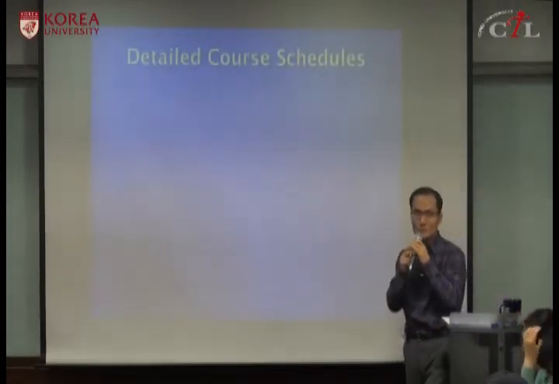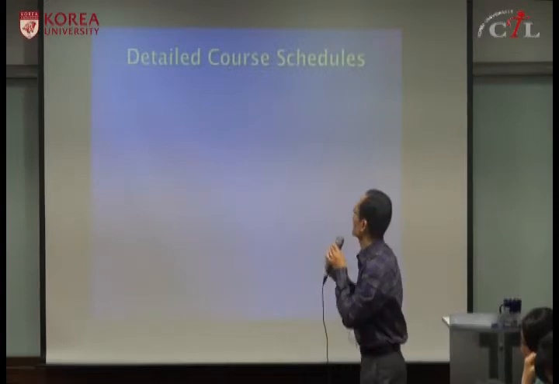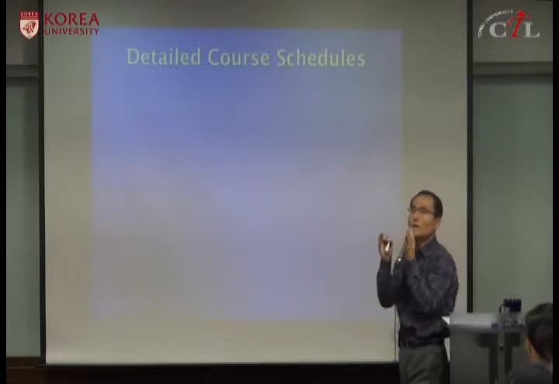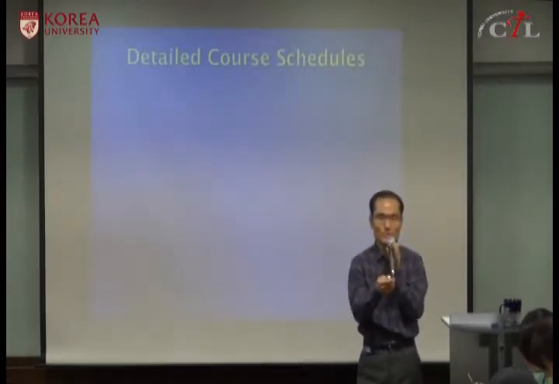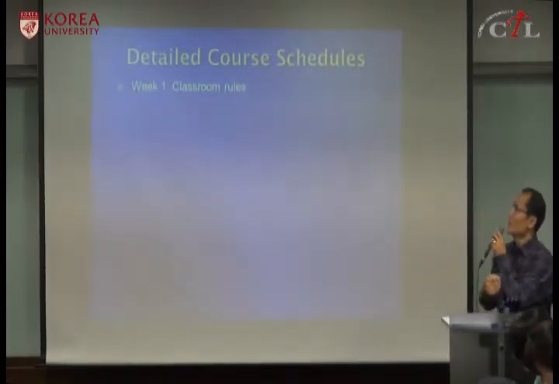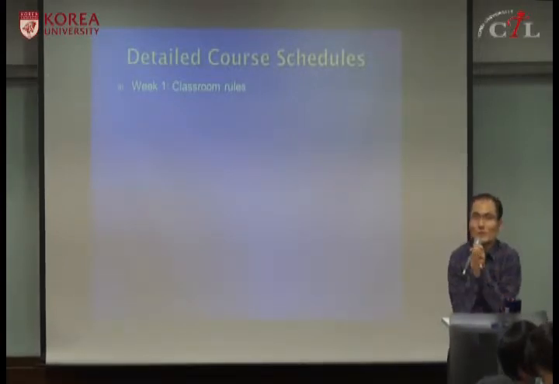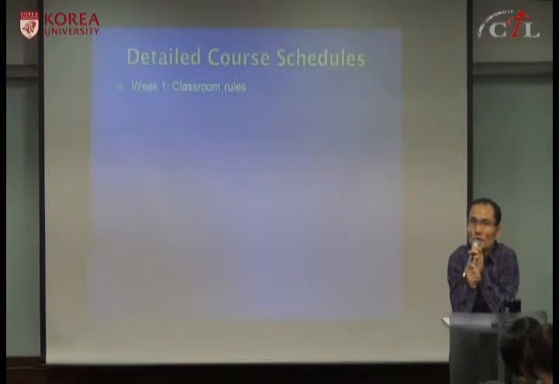I'm going to explain briefly the detailed course schedule during the semester, and then you can have a better sense of what you are going to do. So first week, I'm going to develop classroom rules. Some of you may have used clicker in my previous course. Today we are going to practice a little bit, but next class, we are going to use clicker to develop our classroom rules.